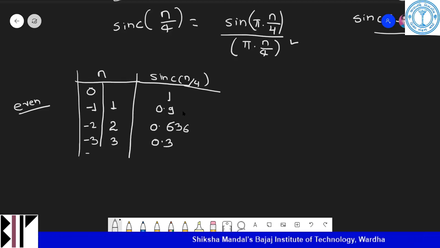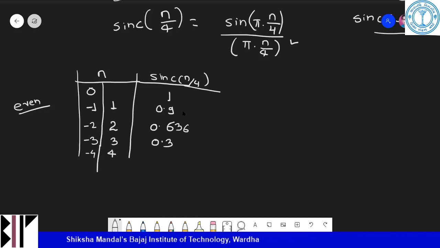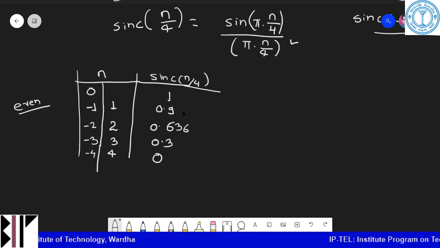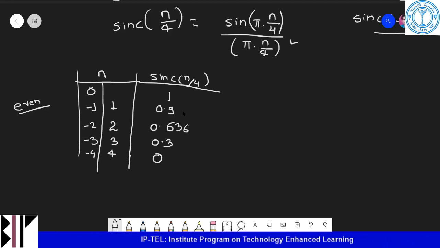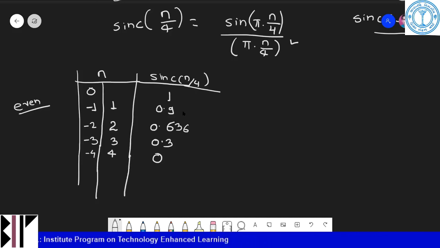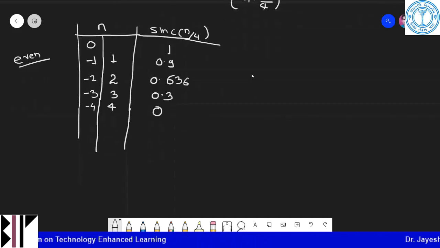For -4, or +4, the sinc value is equal to 0. So you have to put the value n equal to 4 here, and sinc of n by 4 is equal to 0. Let us go again, as we have from -8 to +8.